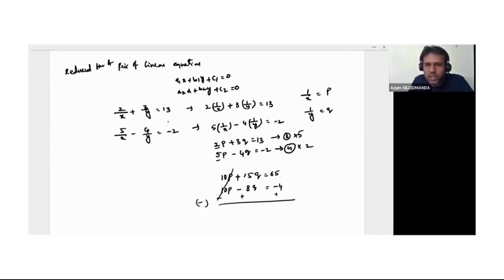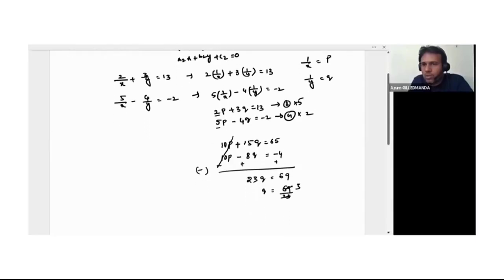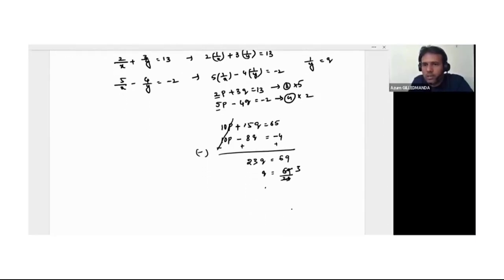Now 10p minus 10p gets cancelled. This 15q and 8q I need to add. So this becomes 23q, and this becomes 65 plus 4, which is 69. Then q becomes 69 by 23. I think it is 3, right? Yes. So now I got q very simply. What is q? q is 3. Let's find p. Substitute in any one equation.